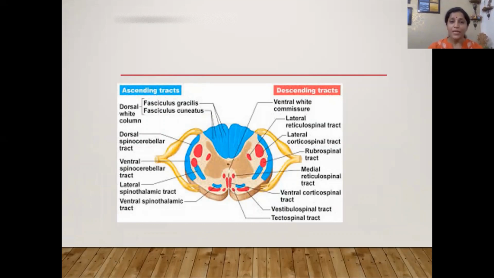And the name is very well explanatory. A spinocerebellar tract goes from the spine to the cerebellum, ascends. A spinothalamic from the spine to the thalamus. In the descending column, we have the corticospinal from the cortex to the spine.